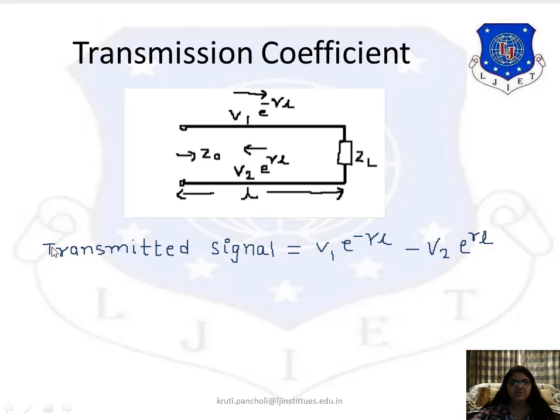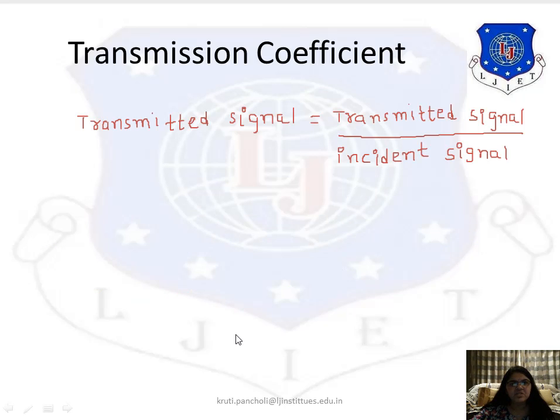Now, what is the transmitted signal? The transmitted signal is V1 e raised to minus gamma L minus V2 e raised to gamma L. Our incident signal is V1 e raised to minus gamma L. So what is the transmission coefficient?